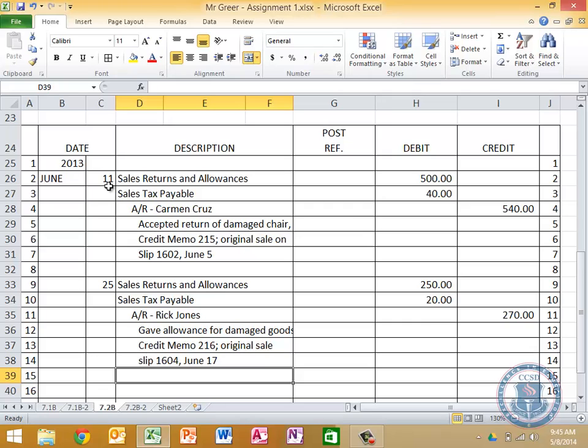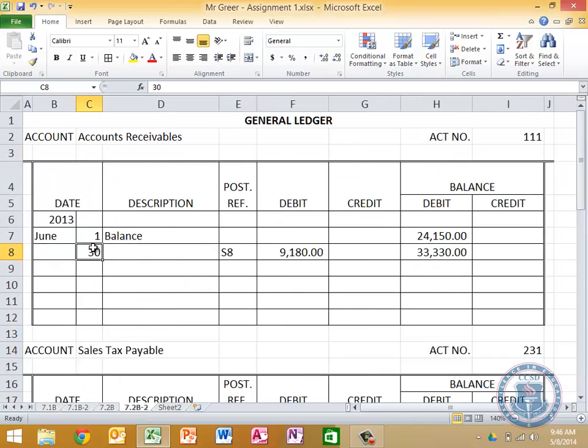Everybody's looking confused. On June 11th, what's going to happen? See this little AR here? We have accounts receivables. So we're going to have to pull some money out of accounts receivables because this guy doesn't owe us any money anymore. And what is it? It's a credit. Sterling, you just said that. Good job.